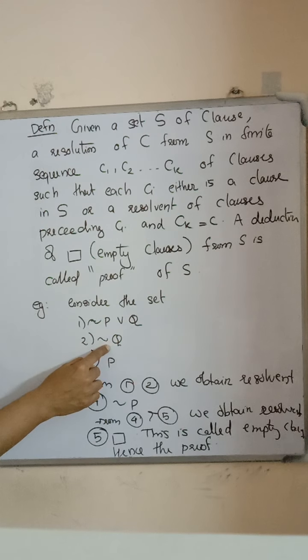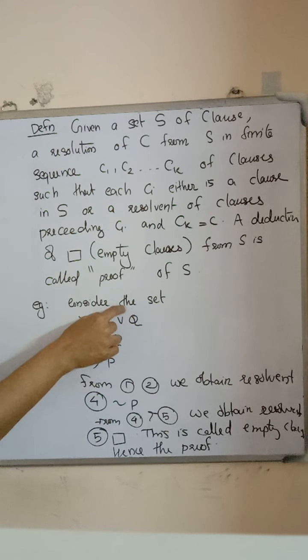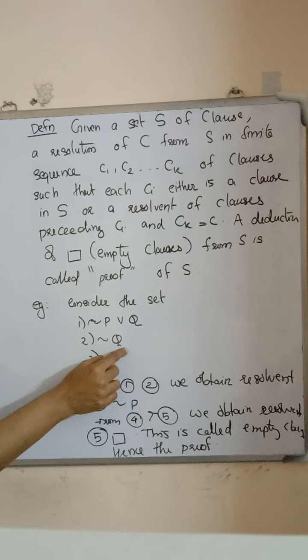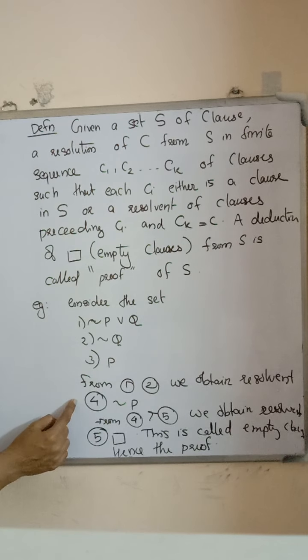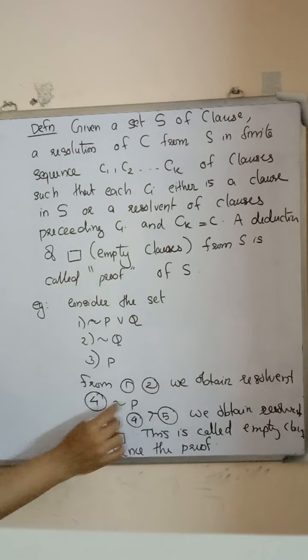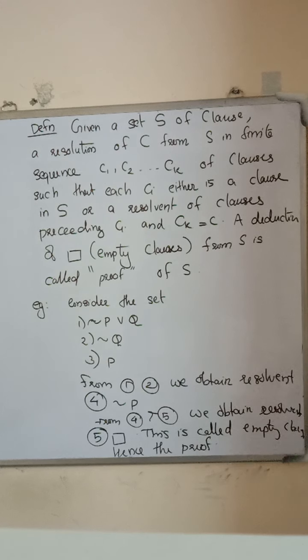So we cancel out the literals Q and negation Q. From 1 and 2, we obtain the resolvent negation P.